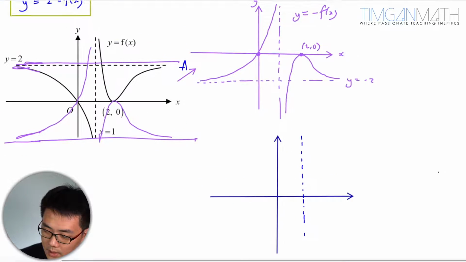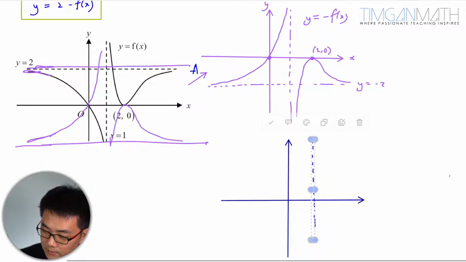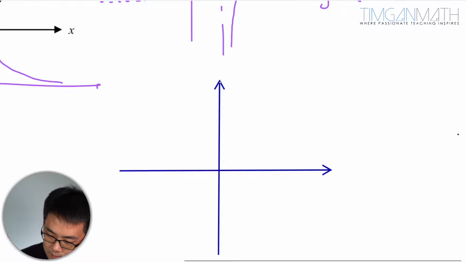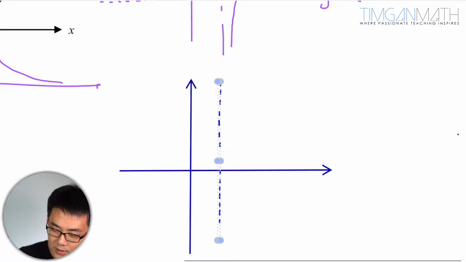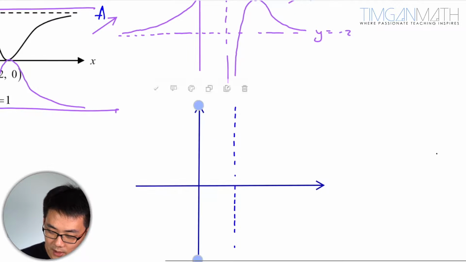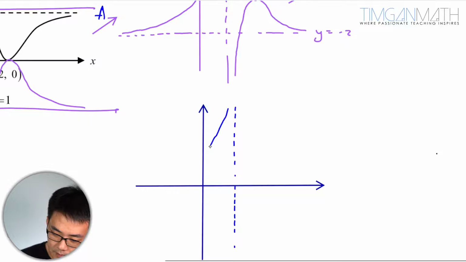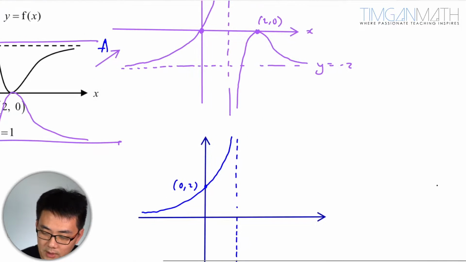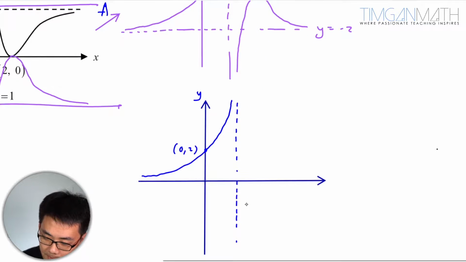Maybe I'll just copy this down nicely. I don't have a ruler because I'm using my tablet here, so I'm just going to borrow the line here. Then this will just be like that. Cut down. This is 0, 2. Remember to label this. And then you move up.